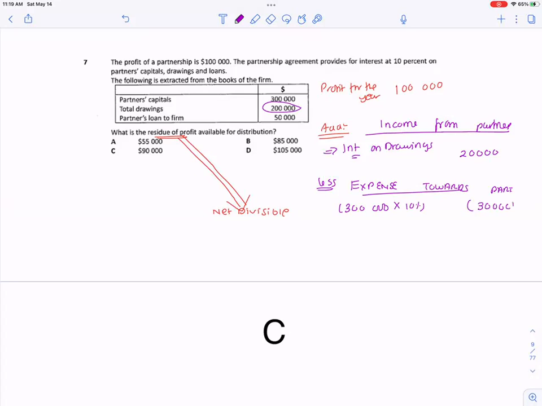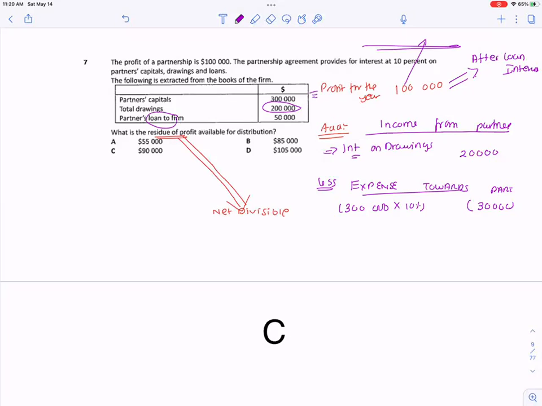There is partner's loan also. This is an exception. That means this profit should be after loan interest. So interest on loan I should have subtracted before this to arrive at this profit.